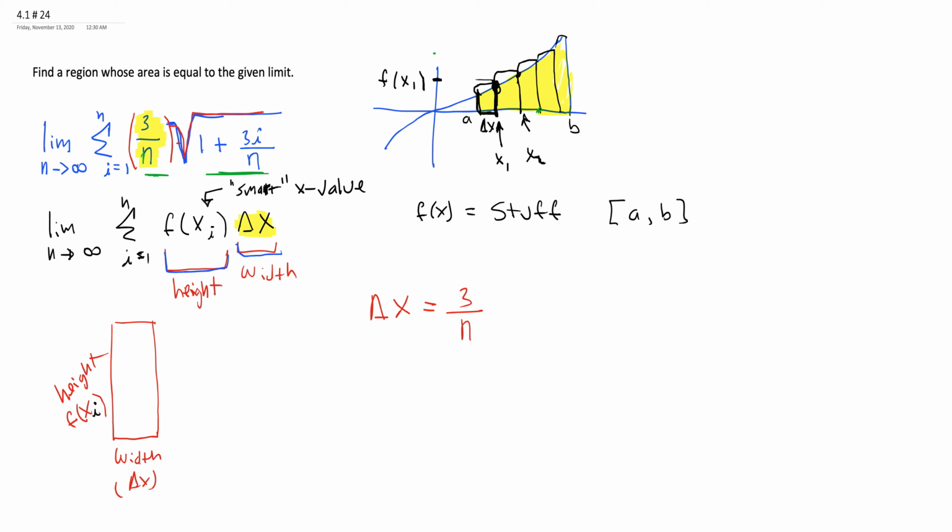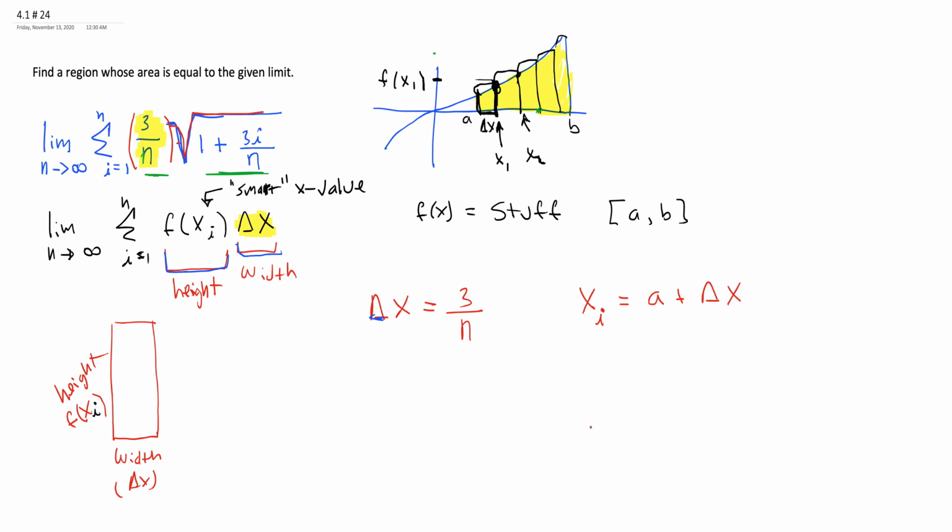So we have our delta x. Delta x is equal to 3 over n. We're also going to use the formula that x sub i, the smart numbers that we're picking, is equal to a plus delta x.